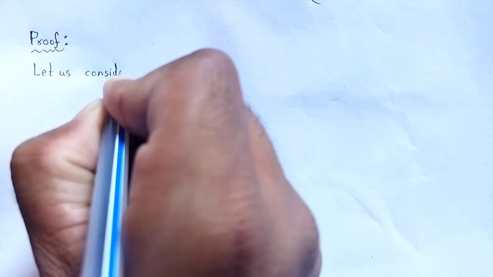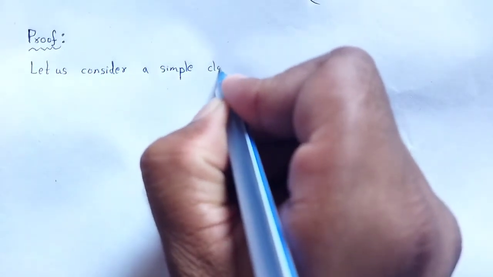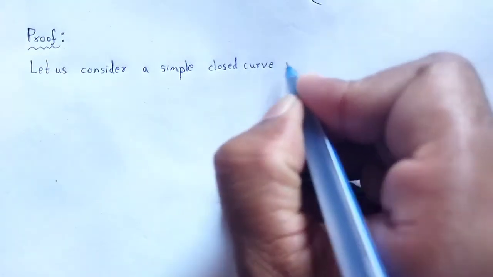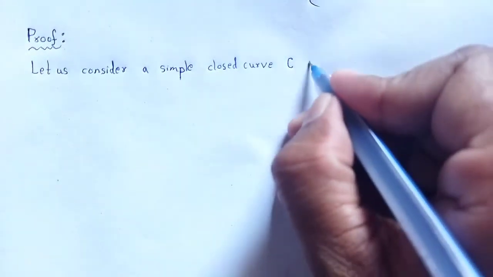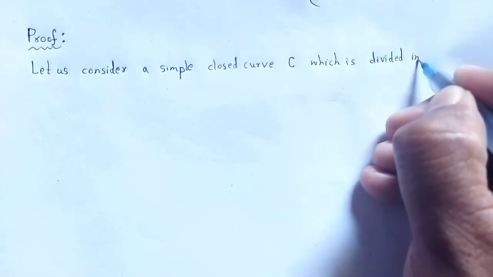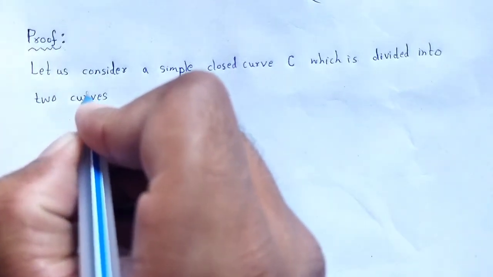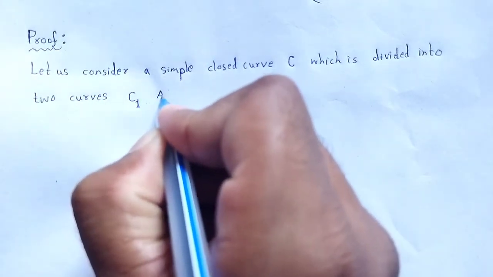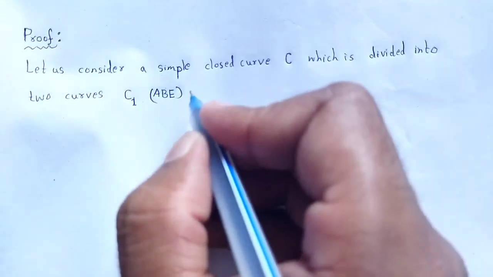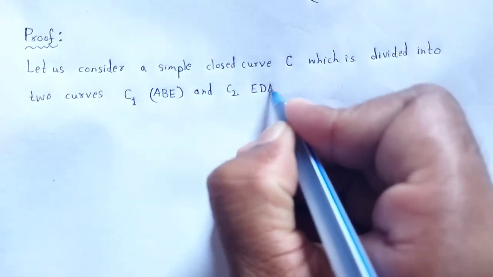we write, let us consider a simple closed curve named C, which is divided into two curves named C1, that is ABE, and C2, that is EDA.